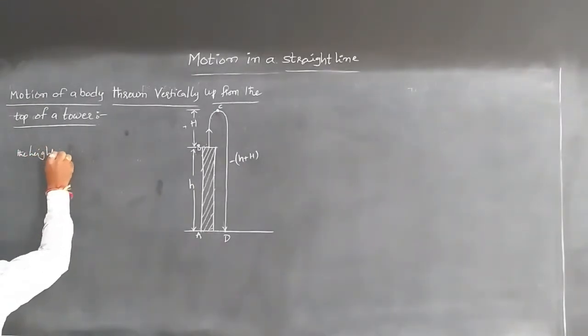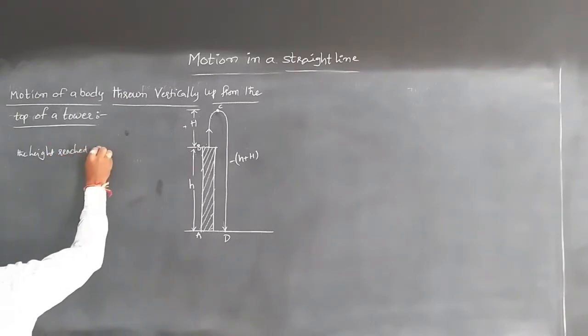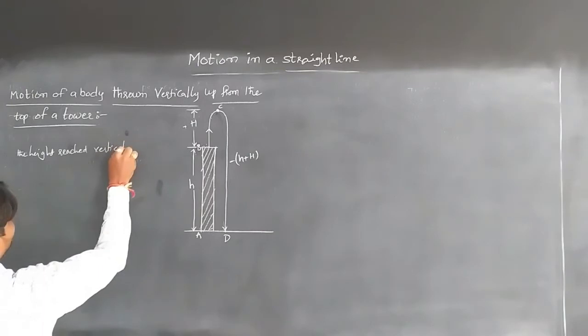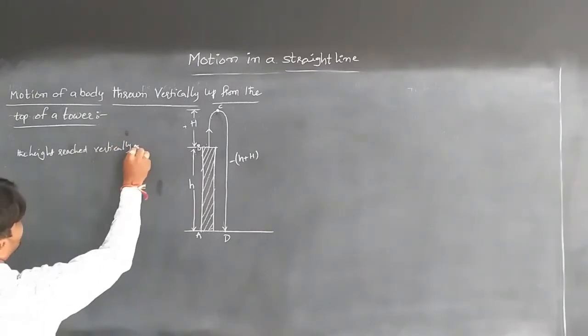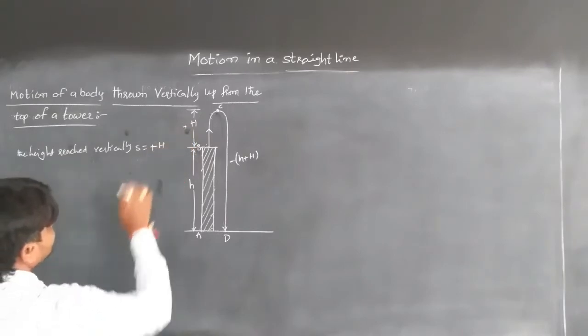The height reached vertically, the displacement, is s equal to plus h.